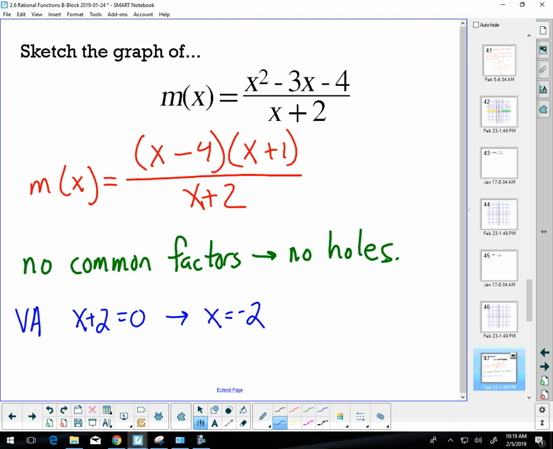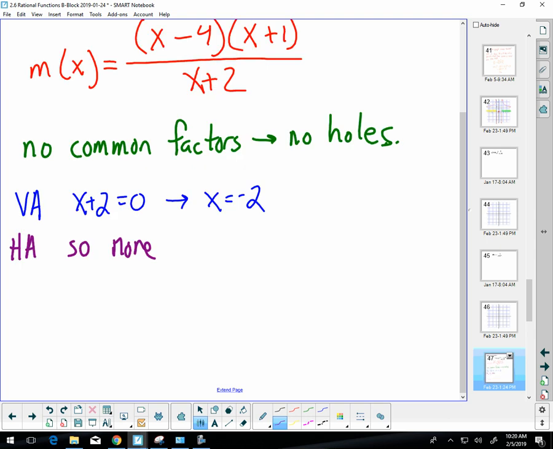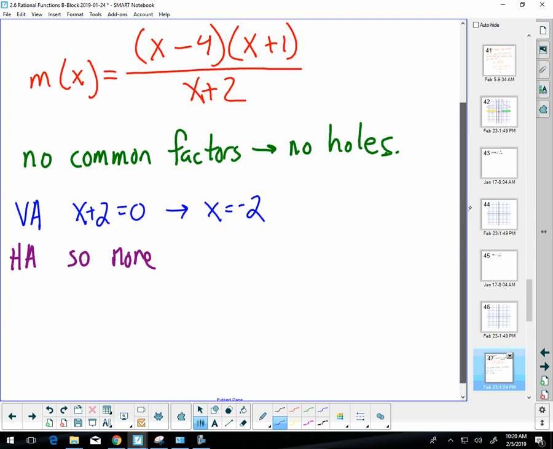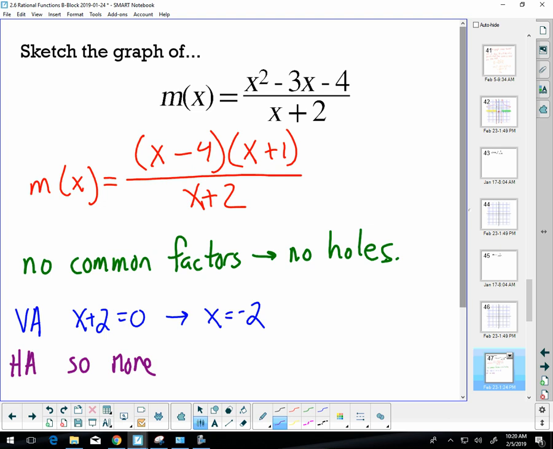For our horizontal asymptote, we see that the degree of the numerator is larger than the degree of the denominator. So there won't be a horizontal asymptote. But what I do note is that the degree of the numerator is exactly 1 larger than the degree of the denominator.